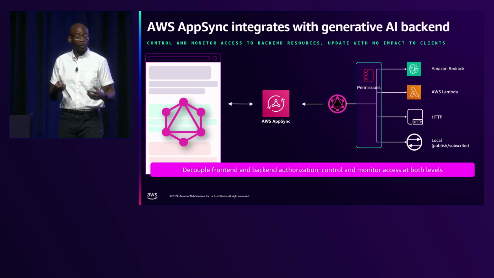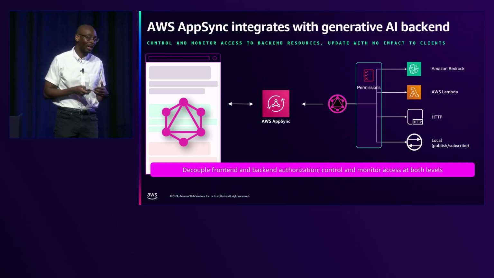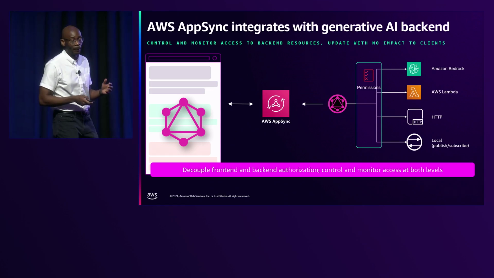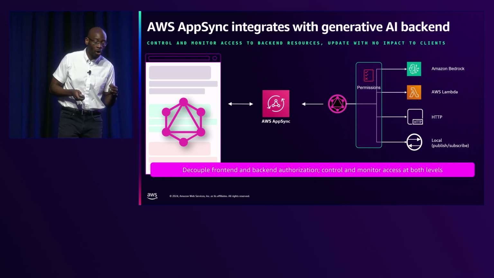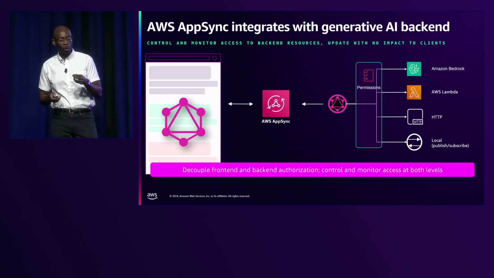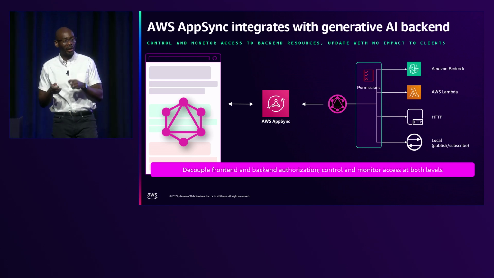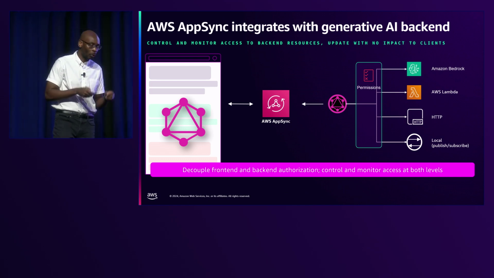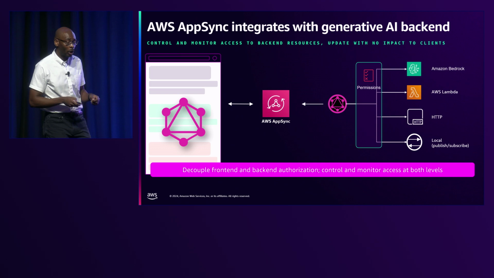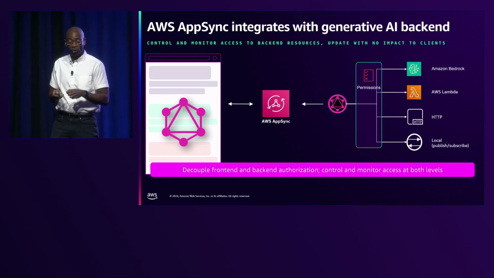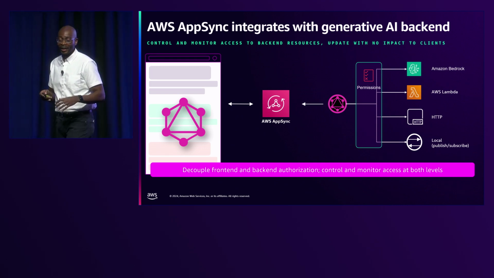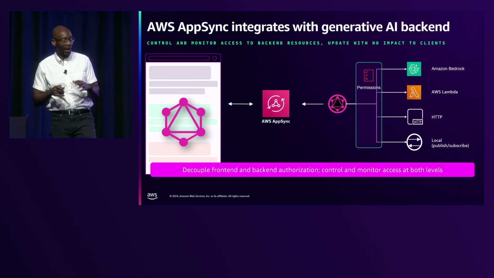One of the things that you may not be aware of is that you can use our HTTP data source to connect to any AWS service API. And all of these data sources have their own authorization configuration. So you can authorize AppSync to talk to specific models, to interact with specific prompts, and to have access to specific guardrails when you configure your data source. This is how you construct security around access.